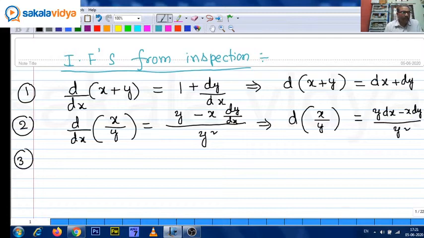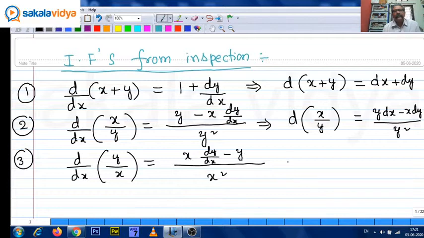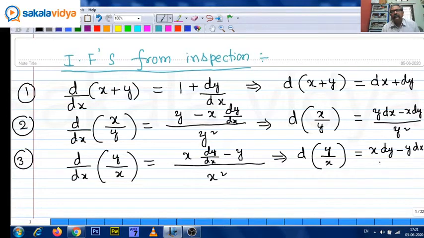In the similar manner, d by dx of y by x, you find out. What do you get? d by dx of y upon x, that is x square in the denominator, x into y differentiation is dy by dx minus y into x differentiation 1. That implies d of y by x equals x dy minus y dx by x square.